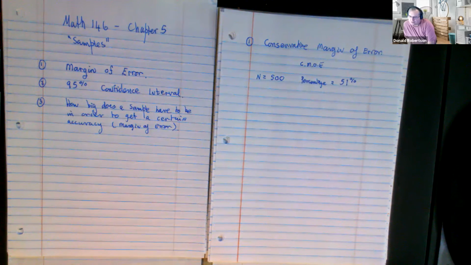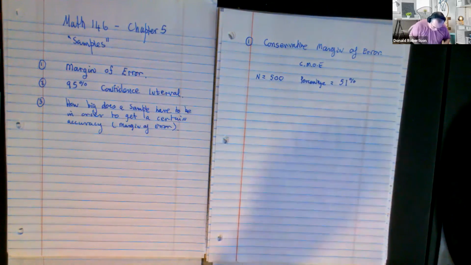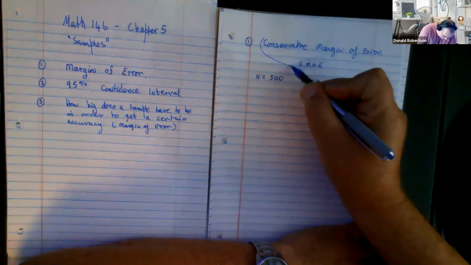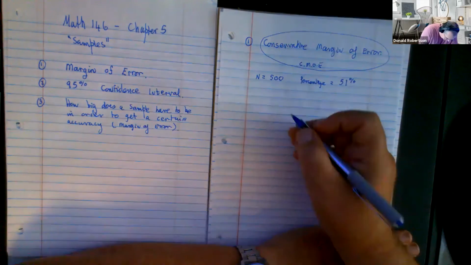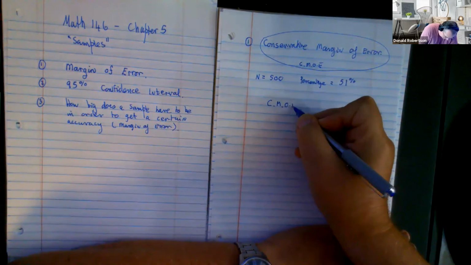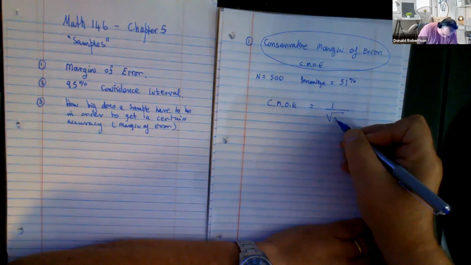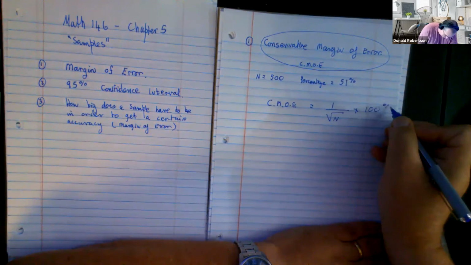So you have to be really careful when you hear this information without them telling you a very important extra thing. They should tell you the margin of error. So let me show you the calculation for the conservative margin of error. It's 1 over the square root of the sample size times 100, and that way you get a percentage.